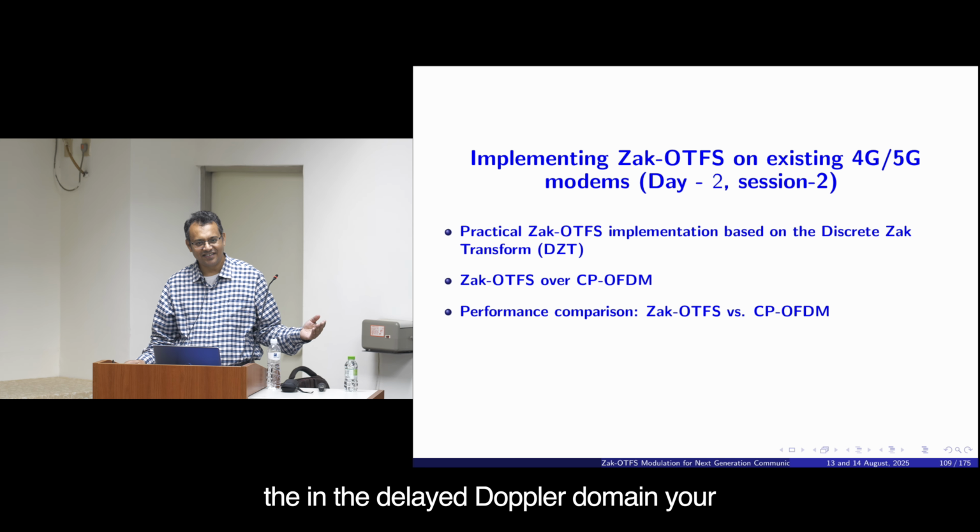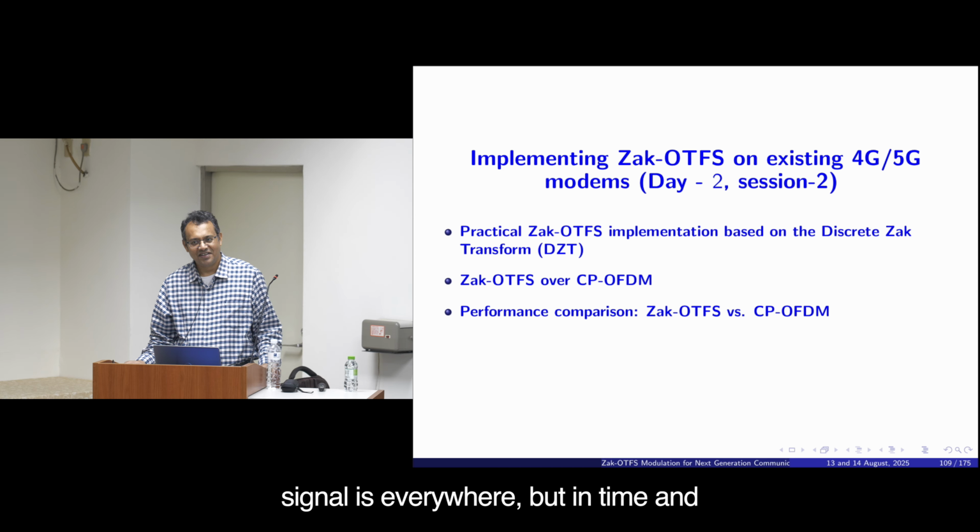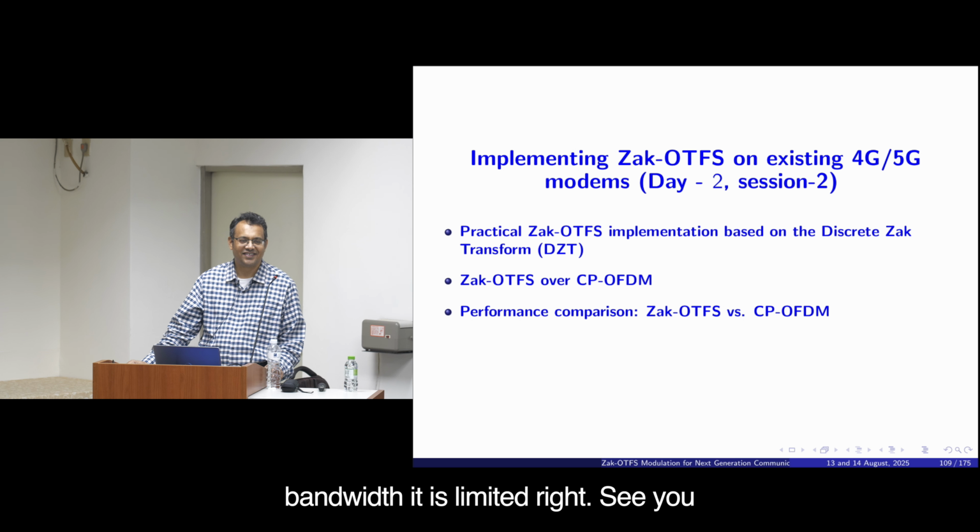Why is it that in the delay-Doppler domain your signal is everywhere, but in time and bandwidth it is limited?